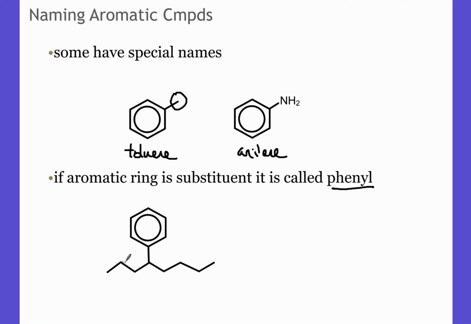So this is a 1, 2, 3, 4, 5, 6, 7, 8 carbon chain, and this is a 4-phenyloctane. Remember, that octane has 8 carbons in it, but the ring has 6 carbons, right?